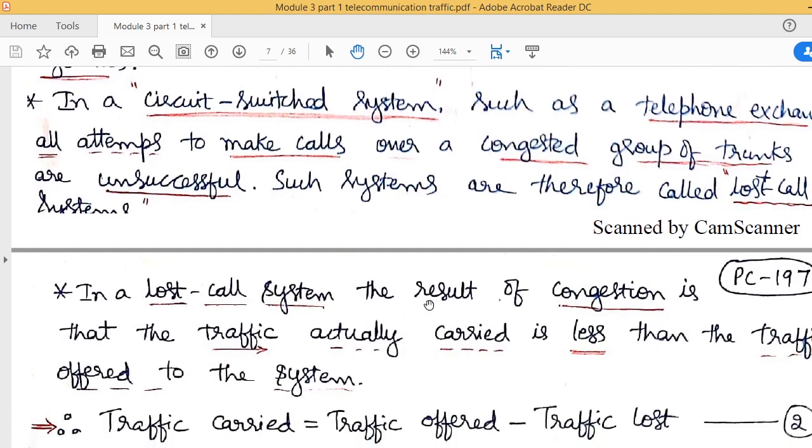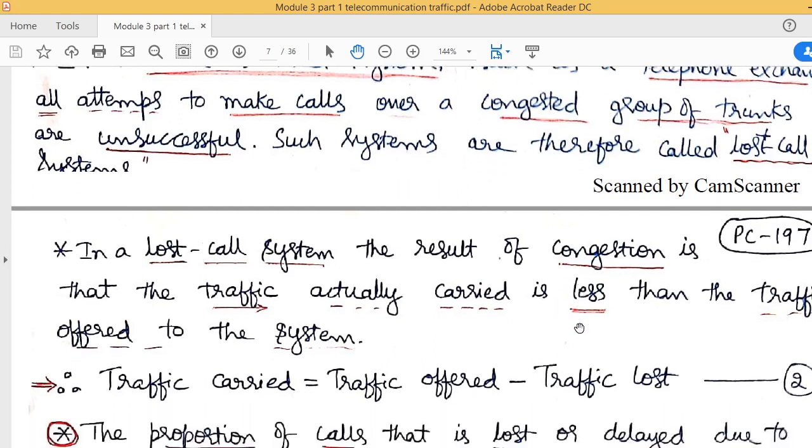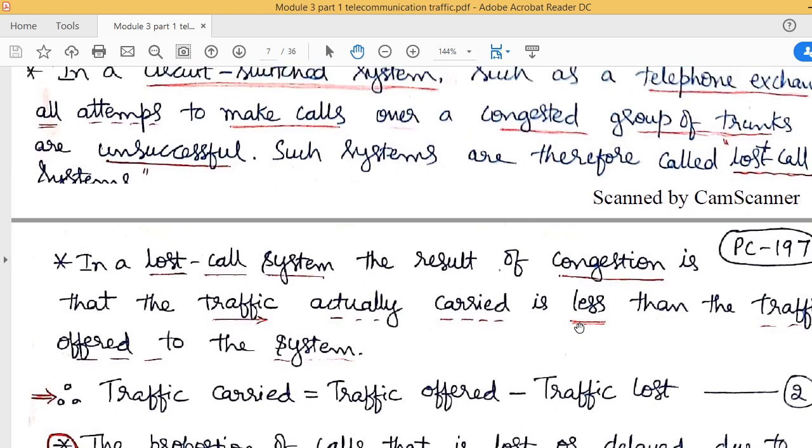In a lost call system, the result of congestion is that the traffic actually carried is less than the traffic offered to the system. Whenever the traffic offered is more than the traffic carried by a system, we observe congestion. So we can have an equation: traffic carried is given by traffic offered minus traffic lost, or traffic offered is equal to traffic carried plus traffic lost.